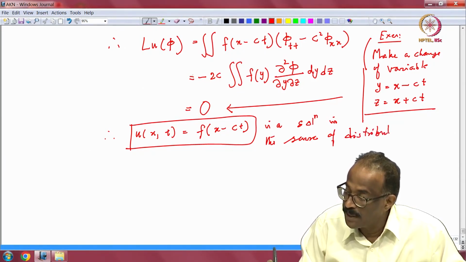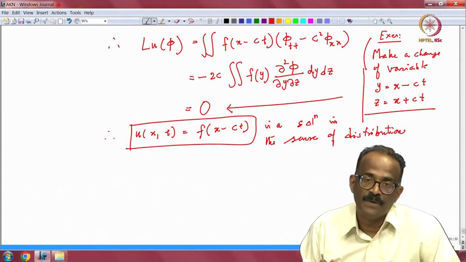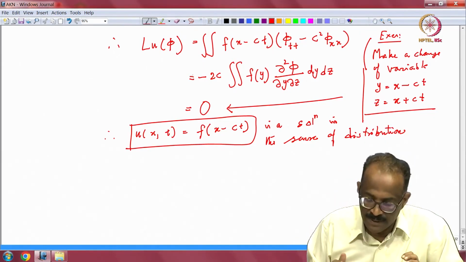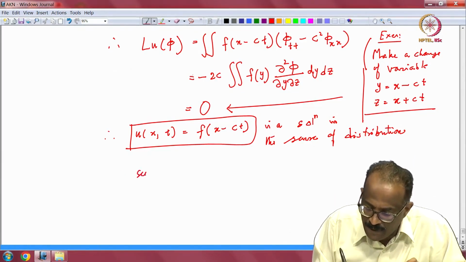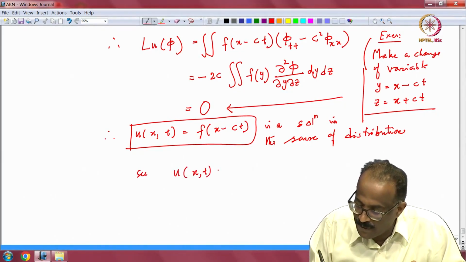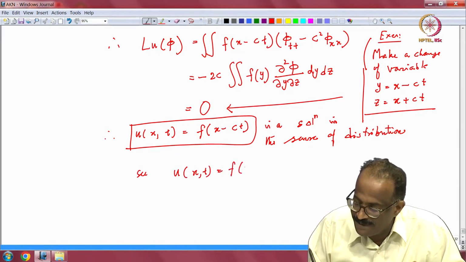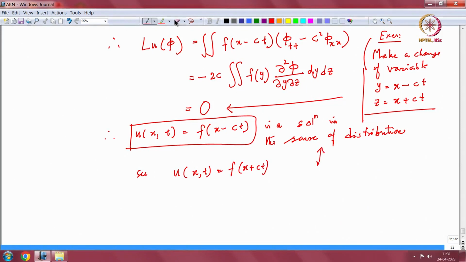So you are able to interpret the solutions of your wave equation in a more generalized sense. You can also see u(x,t) equal to f of x plus ct is also a solution in the same sense.